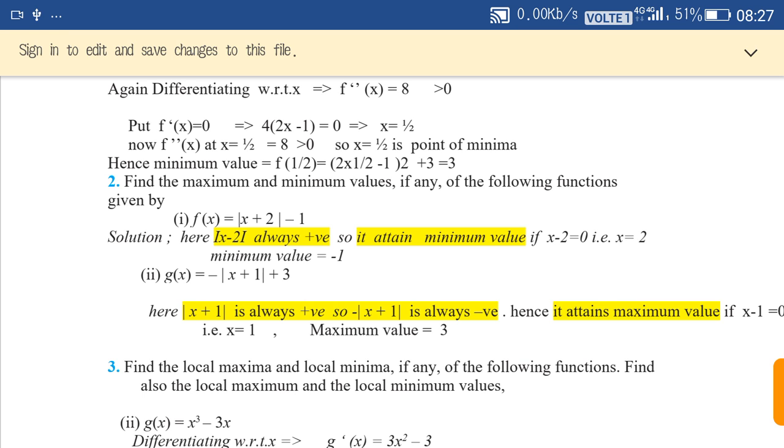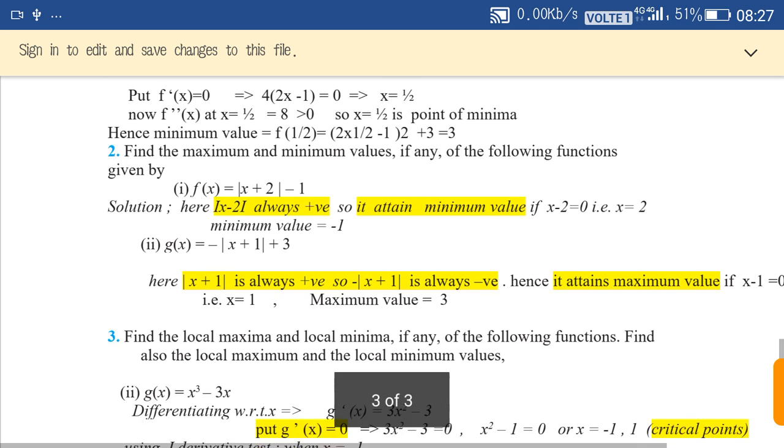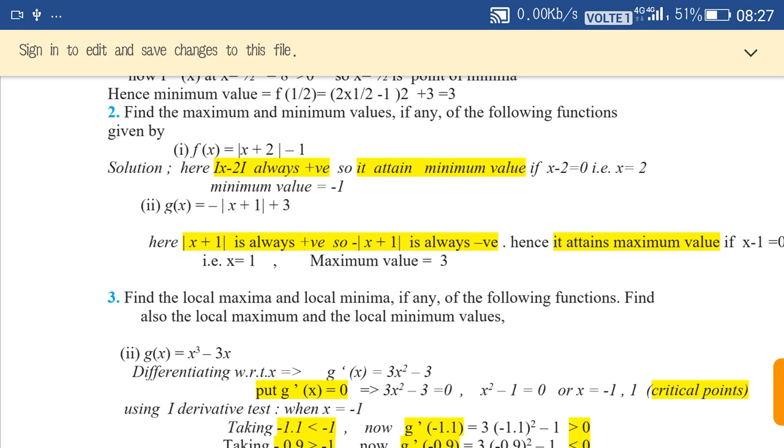Similarly, here we have another part, g(x) is equal to minus mod (x plus 1) plus 3. Here mod x plus 1 is always positive. If we put any value of x, we will get positive, positive, positive, and we cannot reach the largest value. But here minus mod x plus 1 is there.